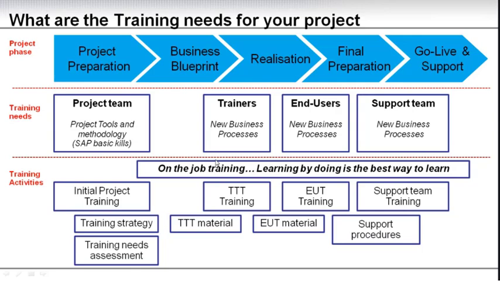And it might be that the contract says the vendor will do this, and the business users nominated from the organization will do that, and these are the clear responsibilities. But try and get involved as much as possible. Get your team involved as much as possible, because on the job training, learning by doing, is the best way to retain the knowledge. So despite the fact that you're paying someone to do it, motivate your staff to get involved so that they can empty the vendor's brain, so to speak.